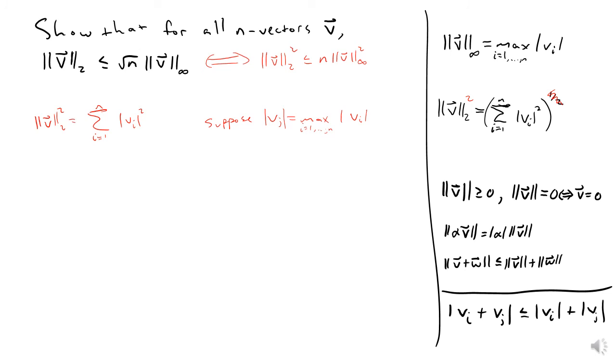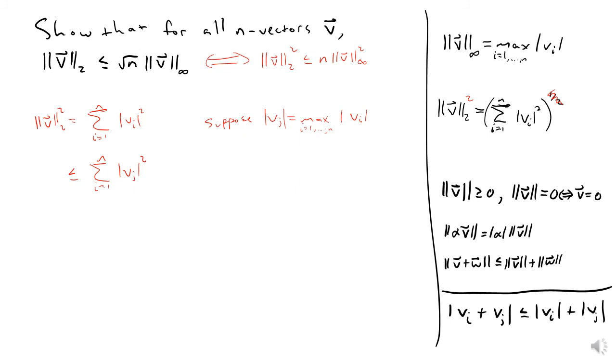So if v sub j is my biggest one, then clearly this sum is going to be less than or equal to what I would get if I just added up v sub j over and over again, because v sub j was the biggest one.